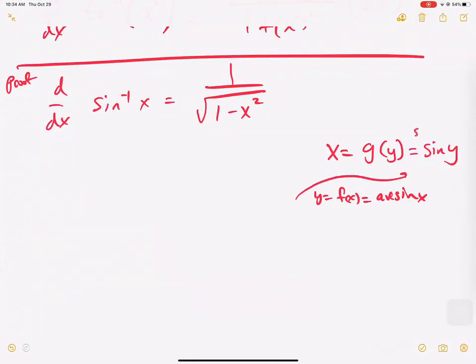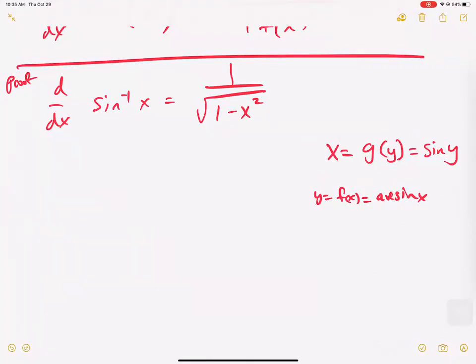Or if I do sine inverse to both sides, right? So just keep this in mind. That's going to be our trick later. So x is equal to sine of y, which is like our inverse idea.